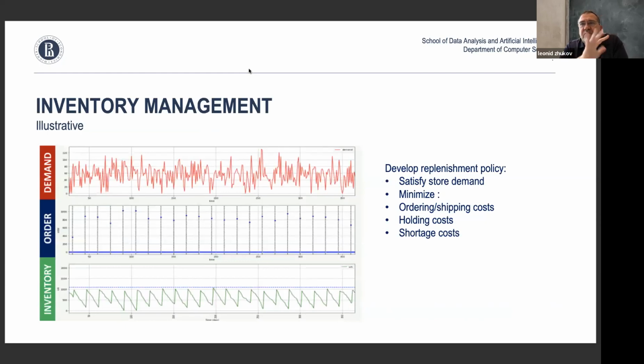Okay, so here are just a few examples. Again, it's very illustrative. We're not going to go into details, but just to give you a flavor of what data science is doing. For example, inventory management. The idea is that you do need to keep some inventory, goods in stock. And you don't want to have a lot of them because you're often buying them from a manufacturer, or if they give it to you for resale, then you still pay some money for that.